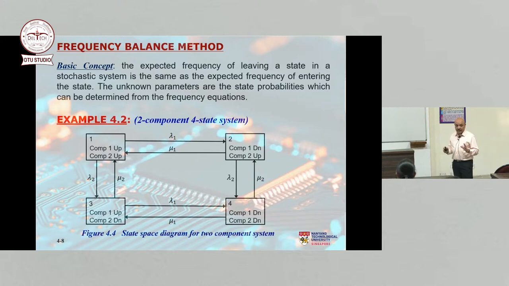Now, in case you are wondering, and I'm not sure if you are, because you may be thinking of lunch, there is another transition that can take place from here to here, right? There can be a common cause failure, meaning both the components can go directly down. That's what we call a common mode failure or common cause failure.